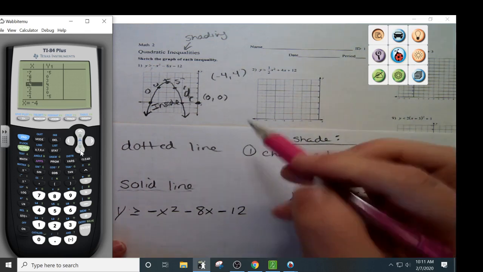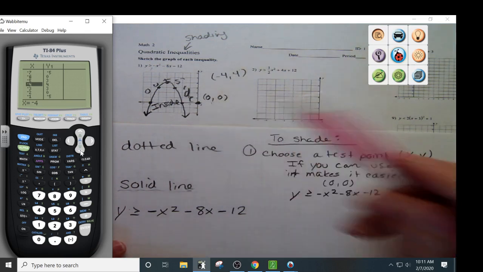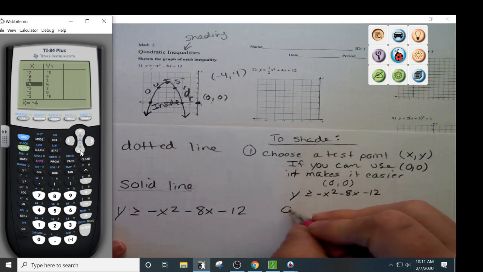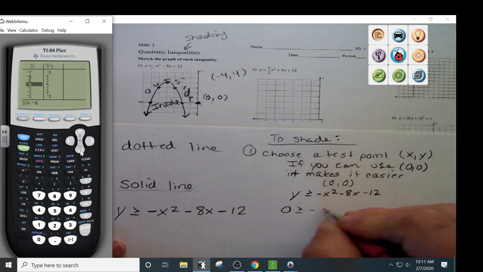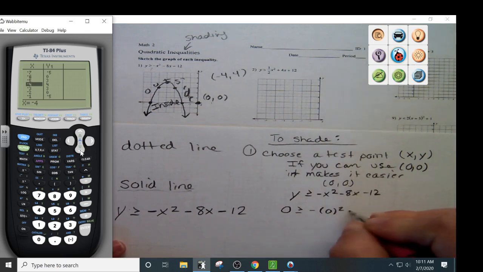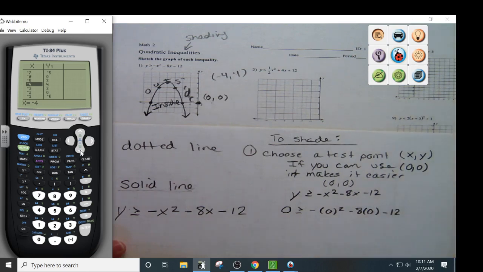Because remember, that's the point we chose. That's our test point. So y is 0, greater than or equal to negative 0 squared minus 8 times 0 minus 12. Okay?